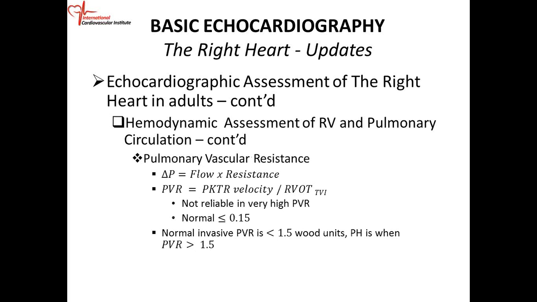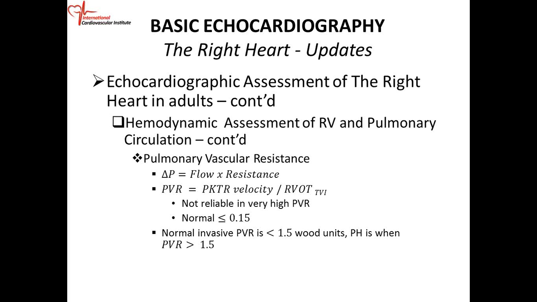We talk about vascular resistance. That's just the resistance to flow. So when we talk about any type of vascular resistance, there's a resistance to the blood flowing, and that definition is the pressure that the system generates is equal to the flow in the system times the resistance.